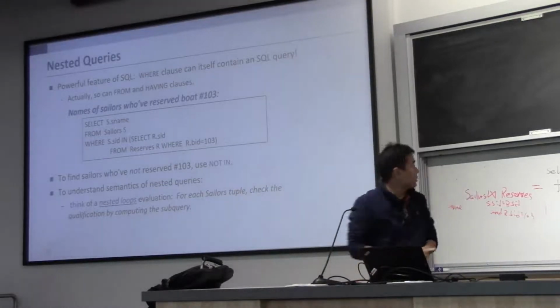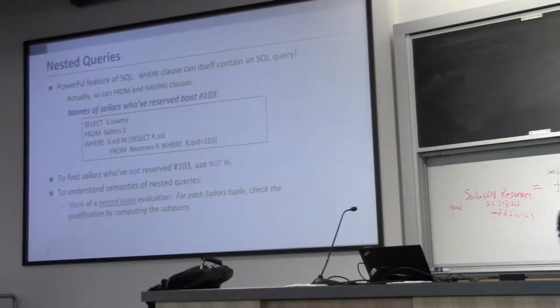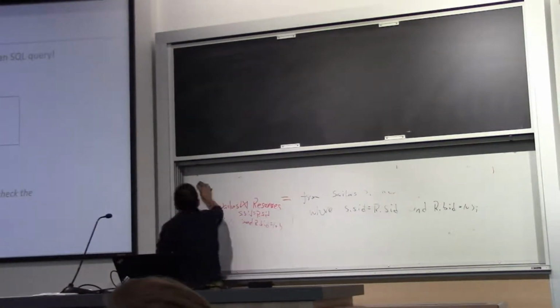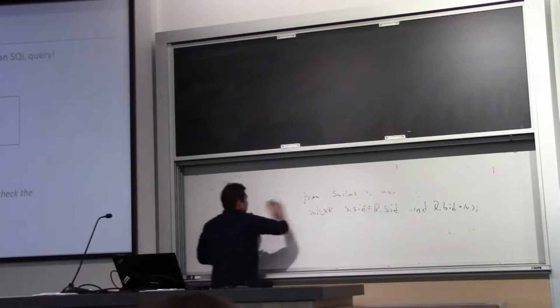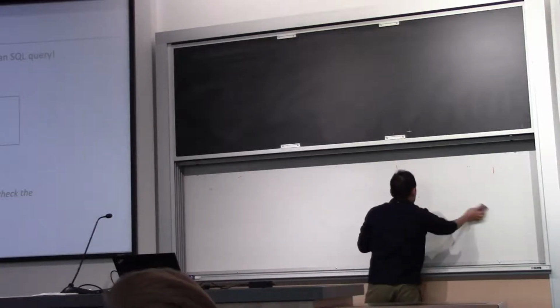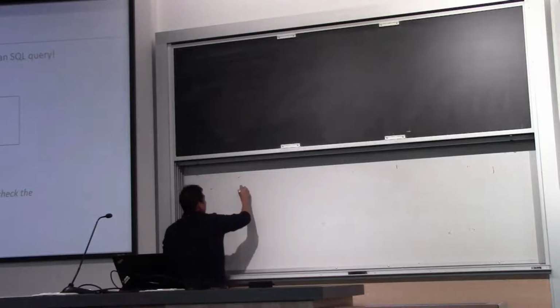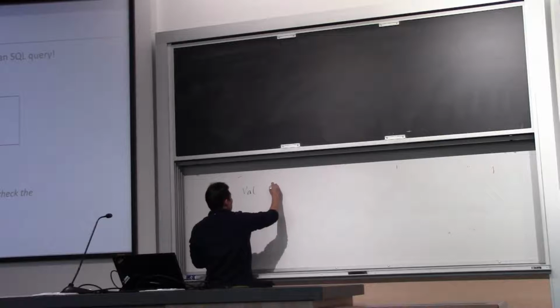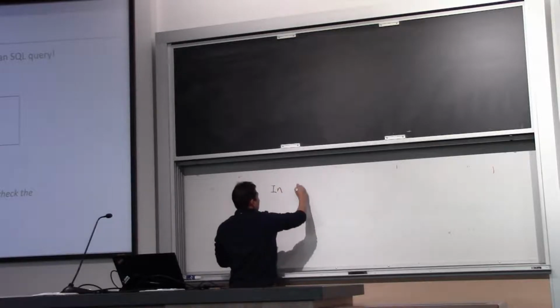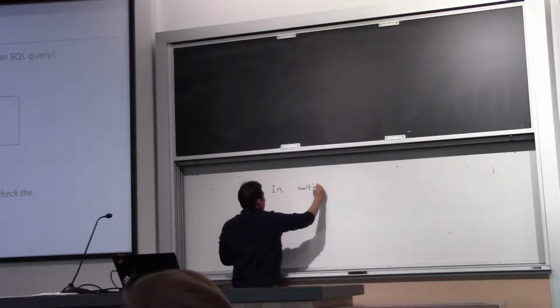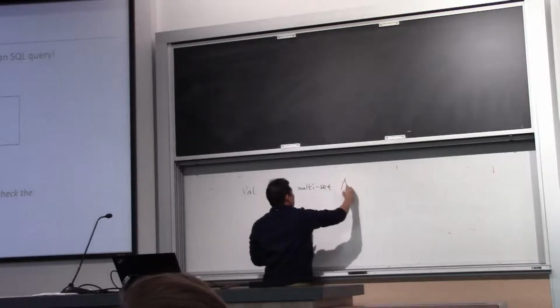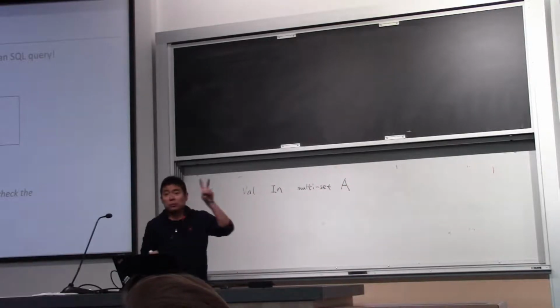I'm going to introduce this keyword, which is, by the way, I'm going to erase this. So this keyword in, what does it do? The semantics for this keyword is as follows. You supply a value. You say value in a set. Okay, we talk about the difference between multiset and set.